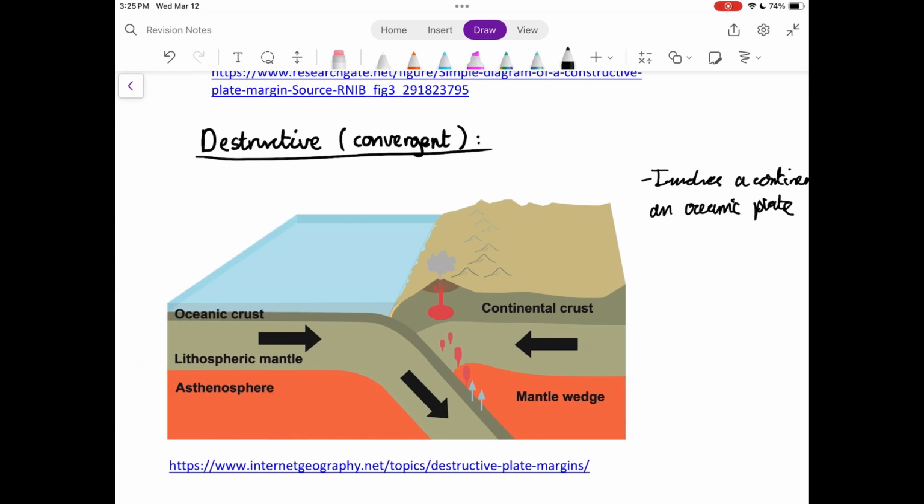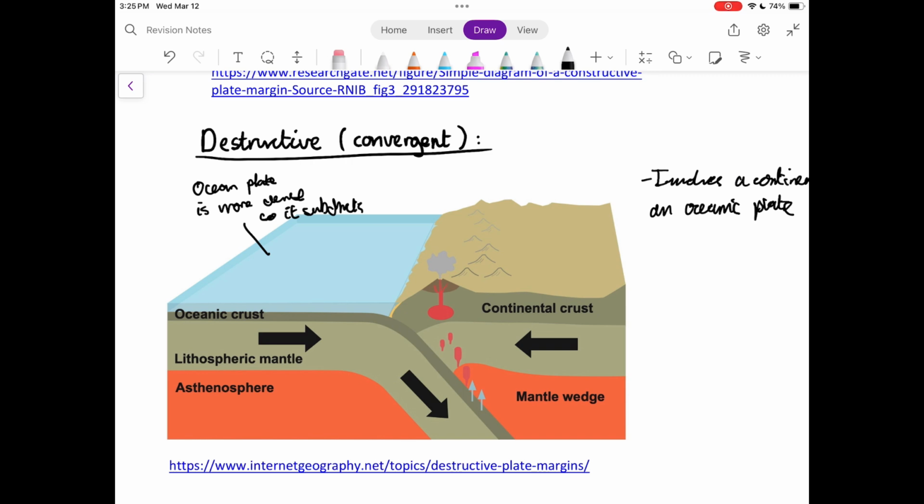And basically what happens is that when these plates approach each other, because the oceanic plate is more dense, it subducts under the continental plate. So the ocean plate is more dense, so it subducts.